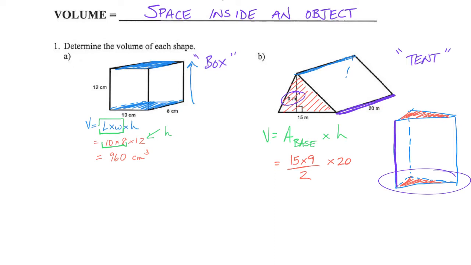Okay, I'm going to get rid of that red for a second because I want to show us a formula. There will be some people who really want to be formula-based, and what they might do is say, well, I need my base times height divided by 2, because that's my triangle.